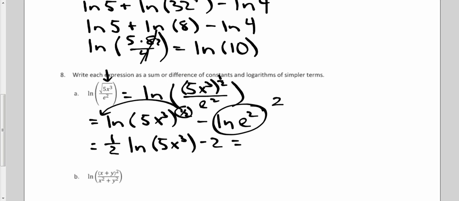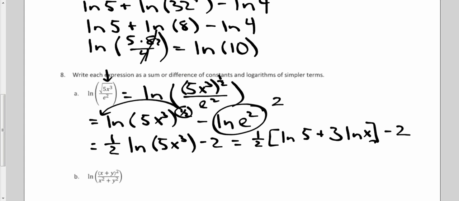And this equals 1/2 times natural log of 5 plus 3 times the natural log of x, in a square bracket, and then minus 2.